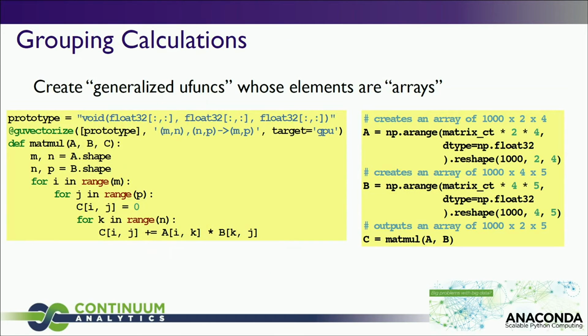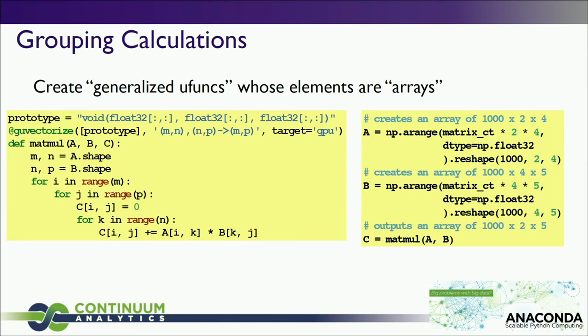Now, the other thing to do to get more work done on the GPU is to take advantage of something called generalized ufuncs. Generalized ufuncs, rather than taking kernels that operate on scalars, take kernels that operate on little arrays. So here's an example of writing a kernel that operates on an array and does matrix multiplication. That kernel will take a single array, maybe it's a 5x4 array, and then it'll produce an output.